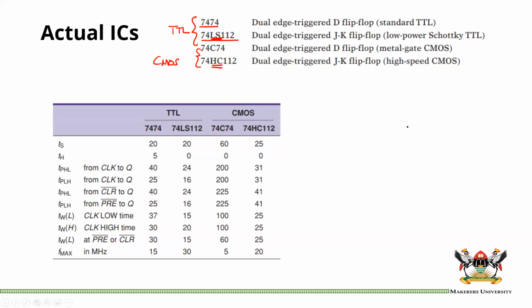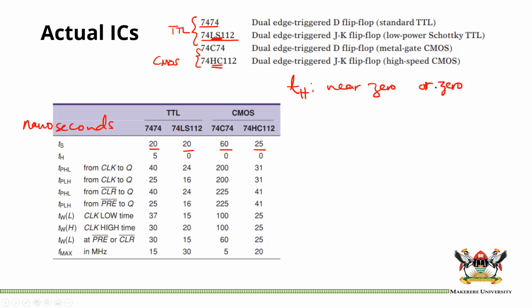So you can see here some values. Okay, all these are in nanoseconds. And what we can see here is that the setup time is around 20 nanoseconds. But what we see on the holding time is that it is near 0 or 0, essentially. This is the holding time.